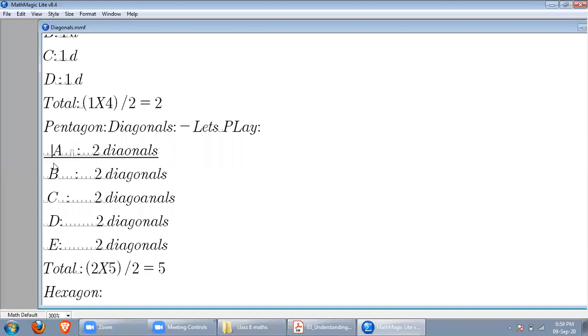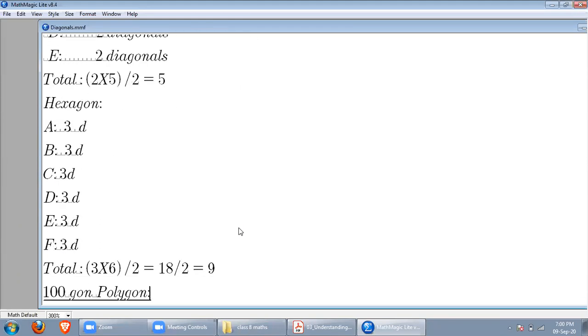So since it has 5 vertices, we get 5 minus 3, that is 2 diagonals from each vertex. So we get 2 diagonals.